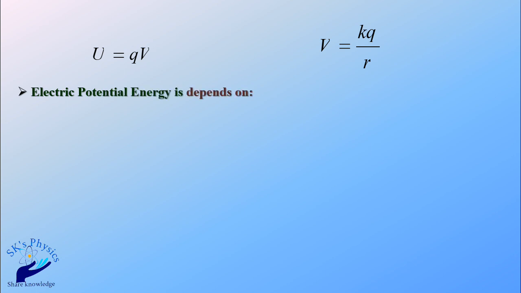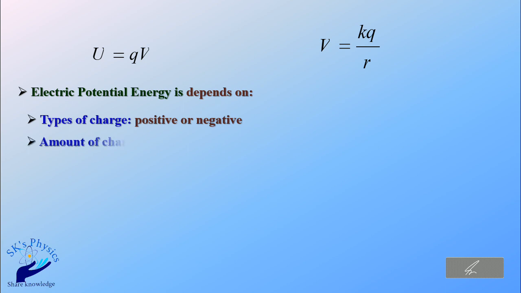U is equal to QV and V is equal to KQ upon R. So electrostatic potential energy depends on the type of charge, which is positive or negative; for positive charge the electrostatic potential energy is positive; the amount of charge Q; and the strength of the electric field.